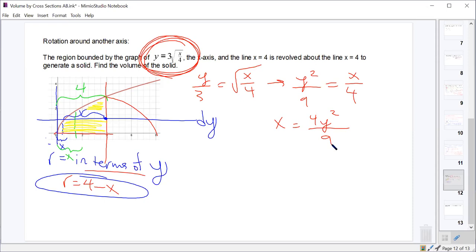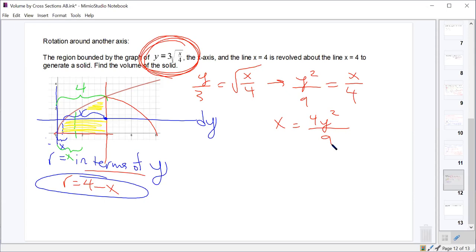Could we also solve for x using the r equation and then plug that into y equals? Yes, you could do that.